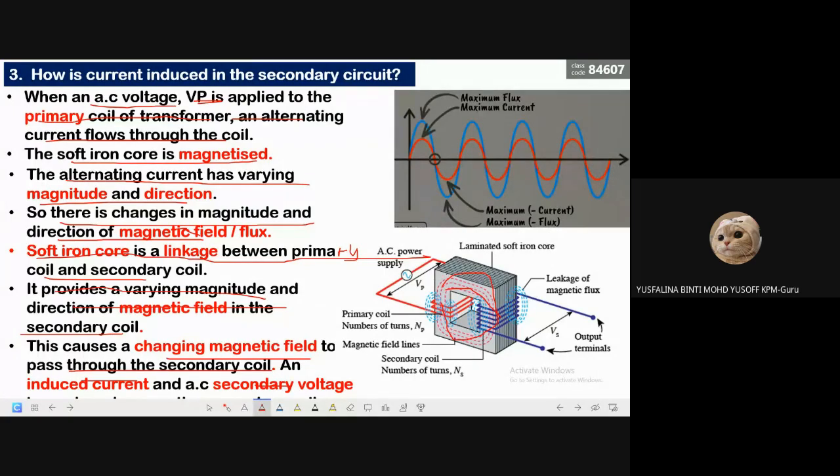The soft iron core is a linkage, so it transfers the changing of magnetic flux to the secondary coil, and because of the changing magnetic fields there, the secondary coil cuts the magnetic fields and produces the induced current.